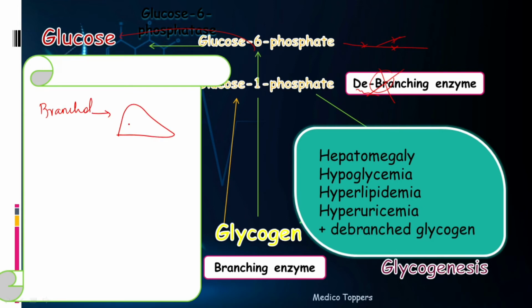That is the extra symptom which we can see other than in Von Gierke disease. Here the problem starts a little bit earlier, and there will be abnormal debranched glycogen deposition in the liver that we can see specific to Cori or Forbes disease.